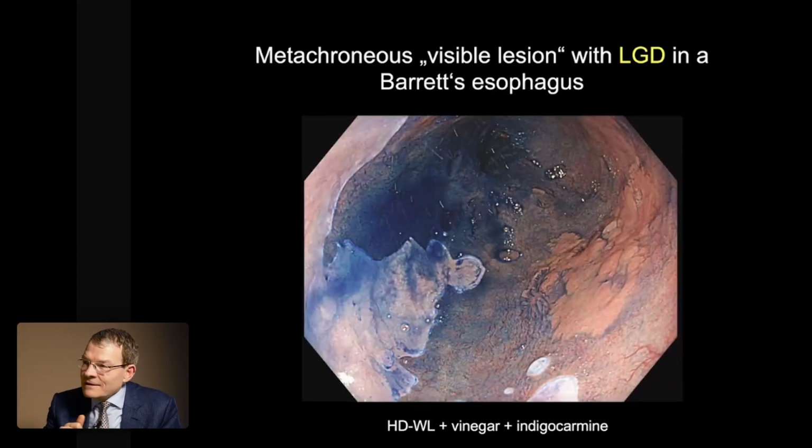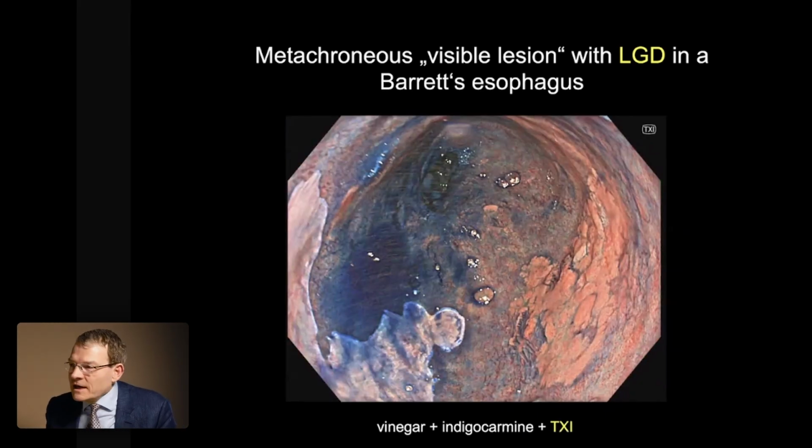And now I'm additionally using indigo carmine, and again we have the best delineation of this lesion with this combination, and for sure now we can again use TXI, and I think this is the best image in this patient.